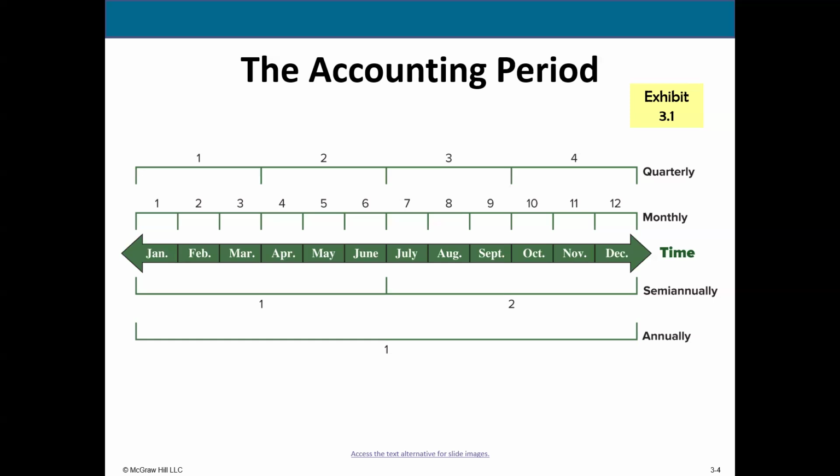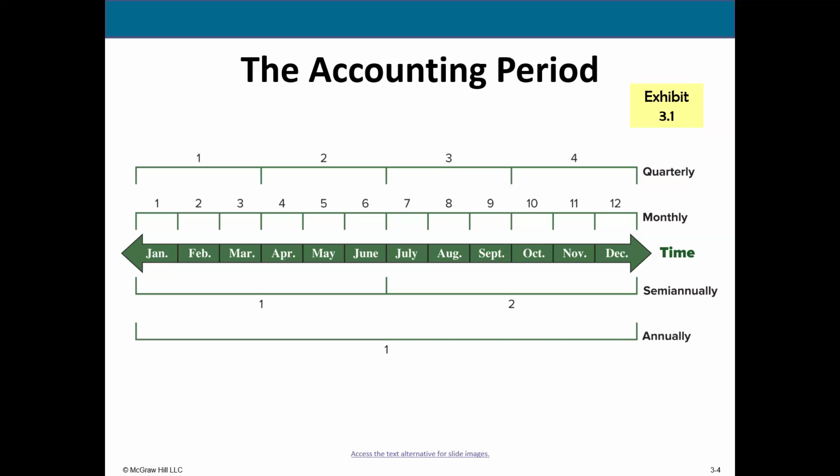What I'm going to do at the end of January is I'm going to make an adjusting entry. I'm going to debit insurance expense $100 and credit prepaid insurance $100. What that's doing is it's recognizing that I've consumed insurance for the month of January. And I make that same adjusting entry at the end of each month for the year.